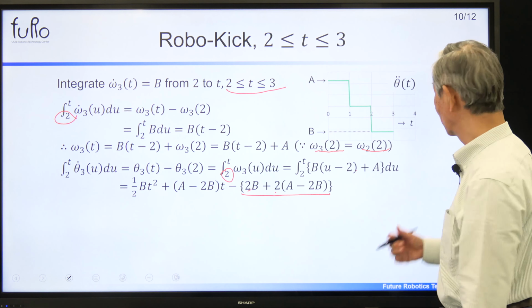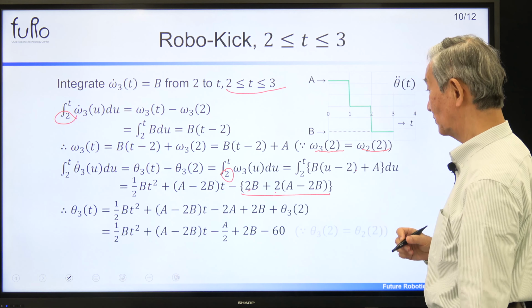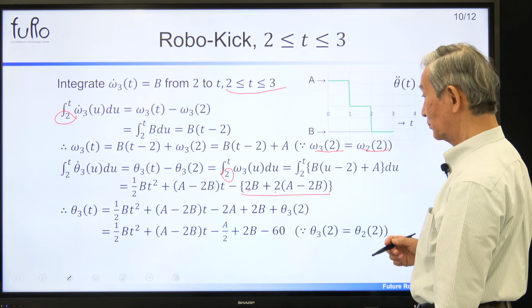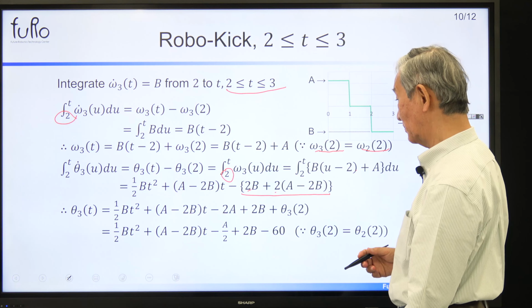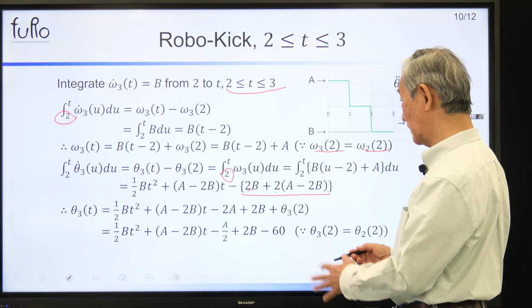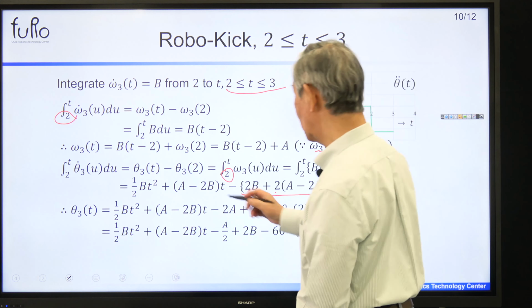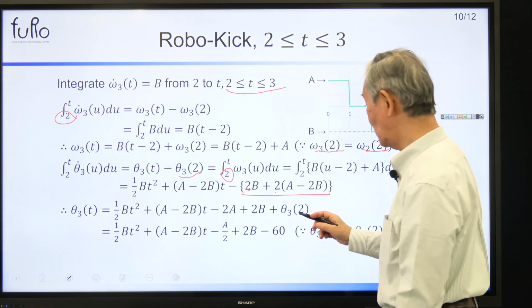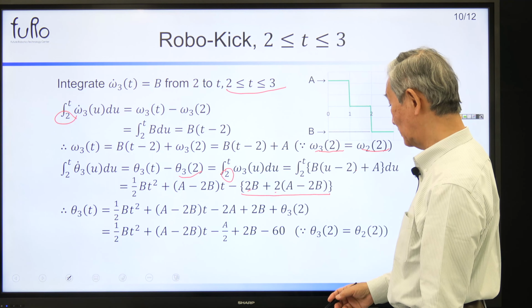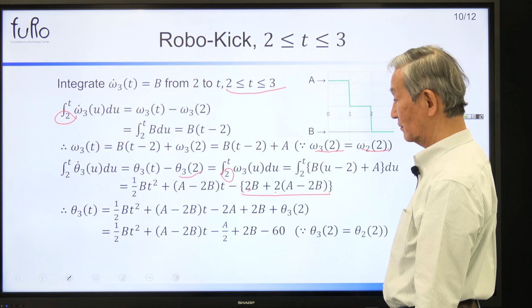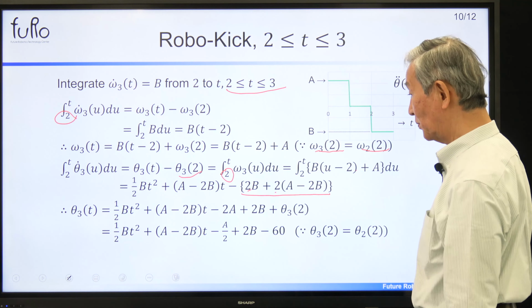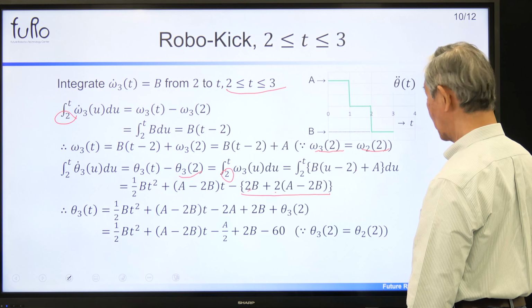Okay. So, put them together and combine everything, and theta 3 at 2, put it back, you have this one here. Very complicated equation, but that's what you get.